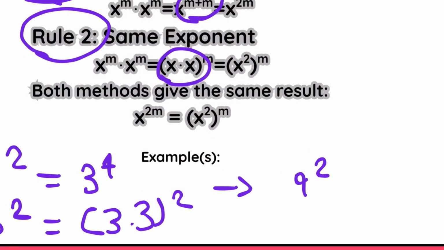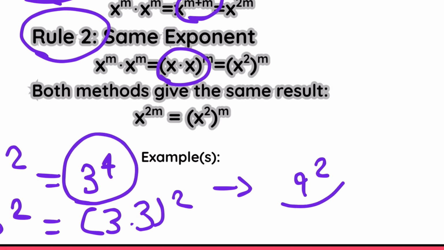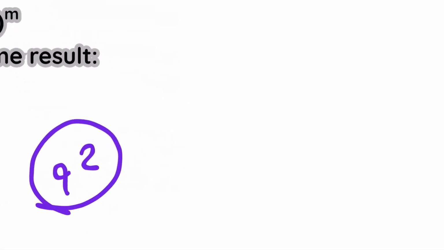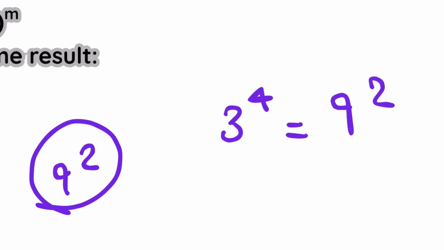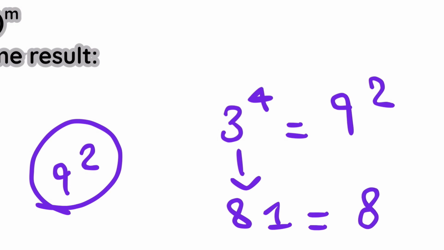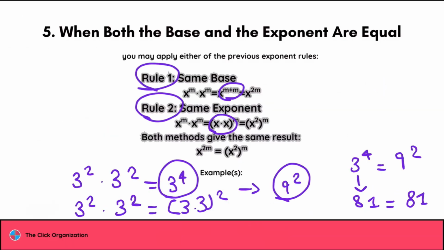And guess what? 3 to the power of 4 and 9 to the power of 2, both of them are equal, because 3 to the power of 4 equals 81, and the same with 9 to the power of 2. This is why this rule works.